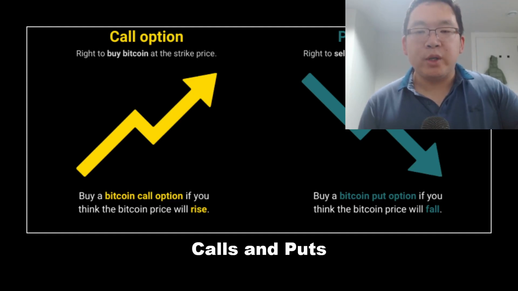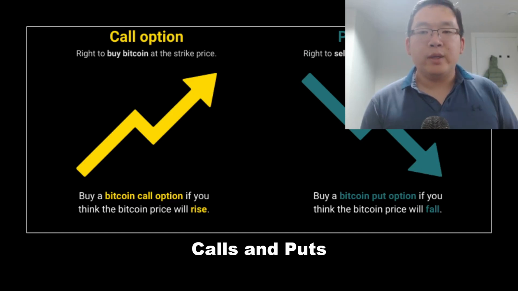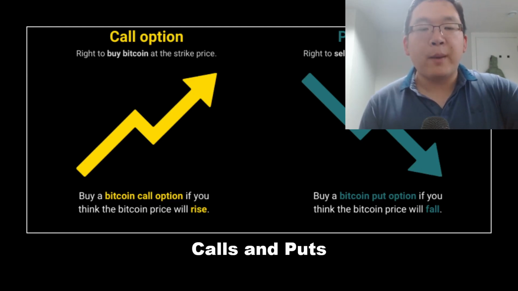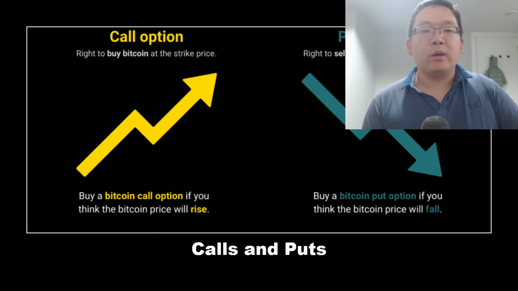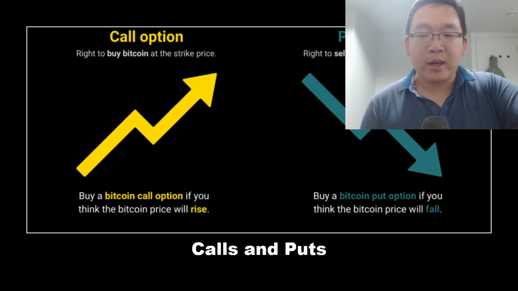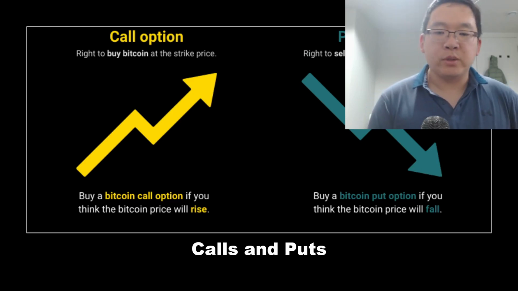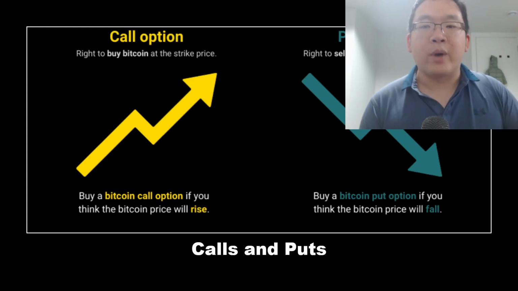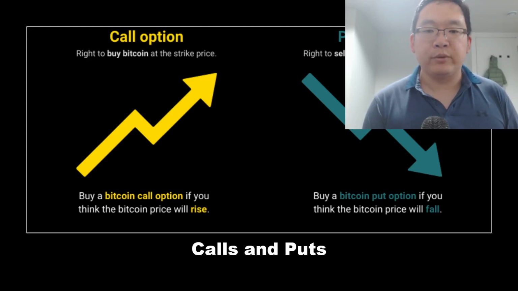If you buy a put option and the price goes down, then your put option contract is going to be worth more and more money. Vice versa, if you buy a call option and the price of the stock goes down, your options contract is worth less and less and less. If you buy a put contract and the price of the stock starts to go up, your put option starts to go down. And I would say this is the most important thing to get right when you're trading options yourself.